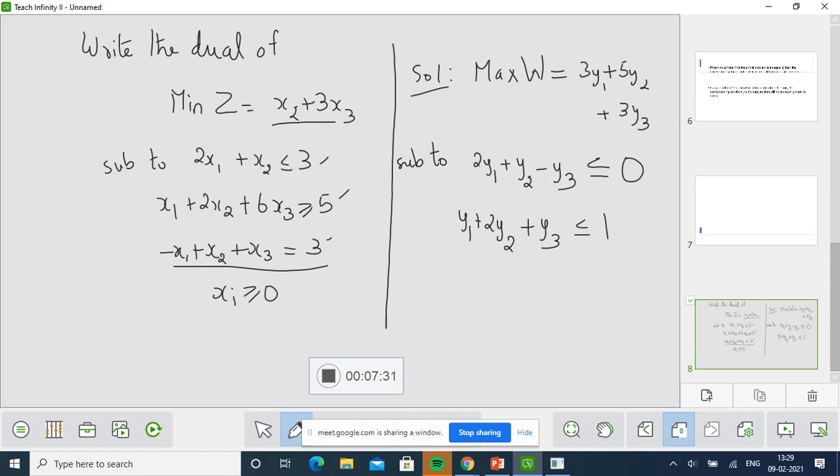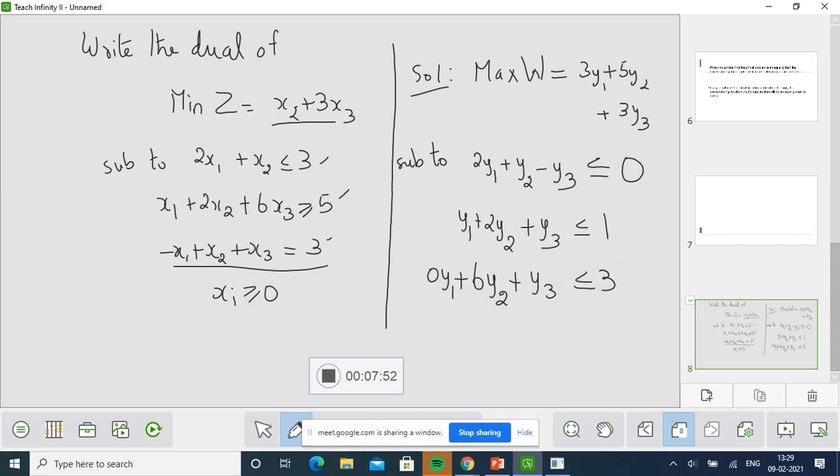Then for x3: the first constraint has no x3, so 0 times y1, plus in the second constraint I have 6y2, plus in the third constraint I have y3, which is less than or equal to 3.